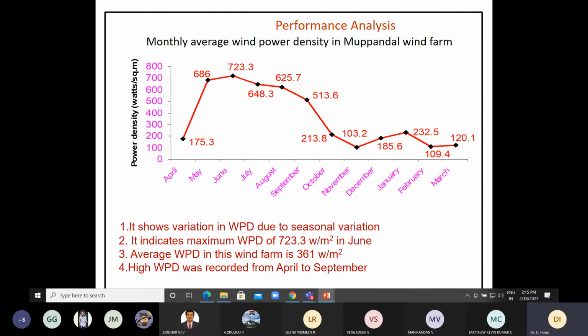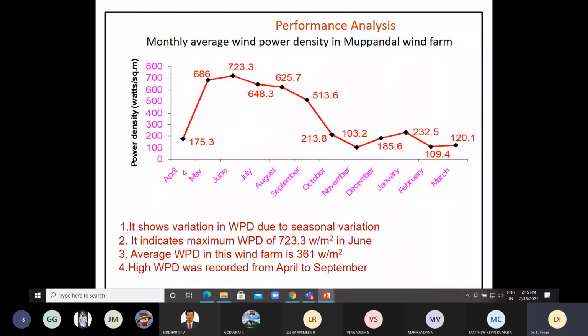So here they take the Mupandal wind farm monthly average wind power density. The x-axis shows the months, and the y-axis shows the power density in watt per square meter, right? From April it comes around 175.3 watt per square meter, and in the month of May it increased enormously.